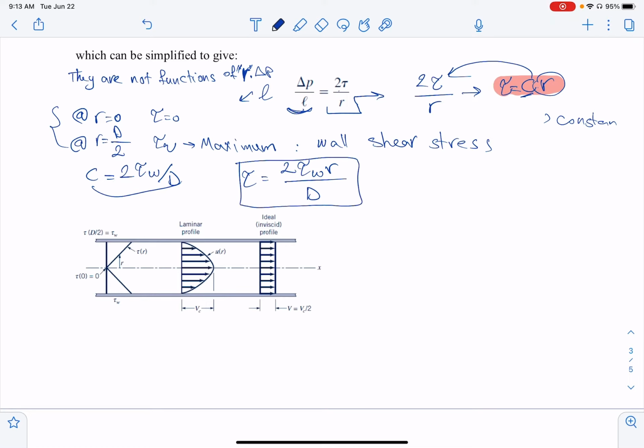from here, right? So it means that the shear stress distributed throughout the pipe is a linear function of the radial coordinate, right?